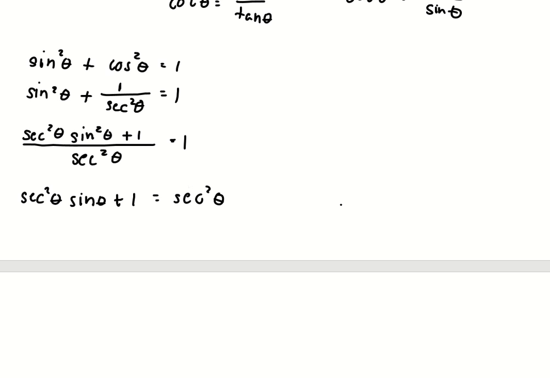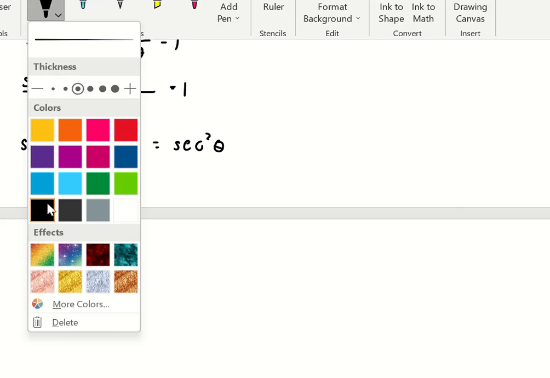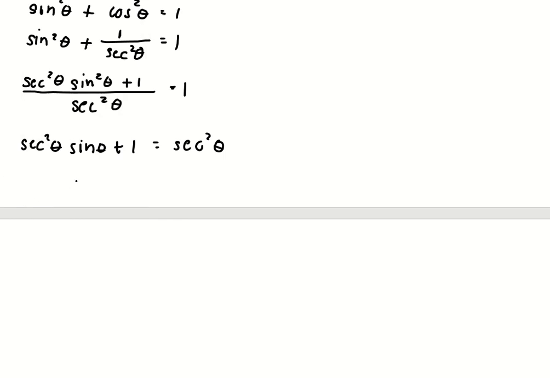Okay, so how do we get back there? Secant is of course the reciprocal of cosine. Secant squared is 1 over cosine squared.